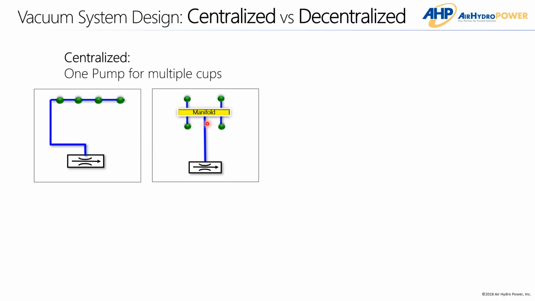The more efficient layout for a centralized system is the second one, where you go directly into a manifold, and each of the cups is equidistant from the inlet of the vacuum.